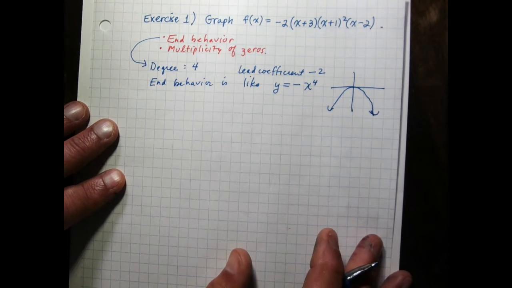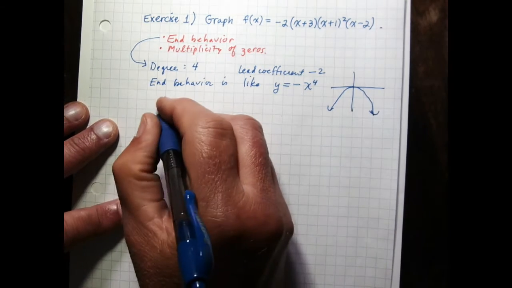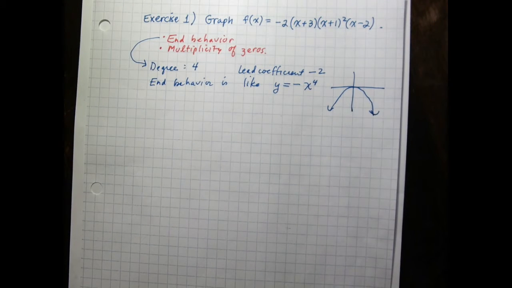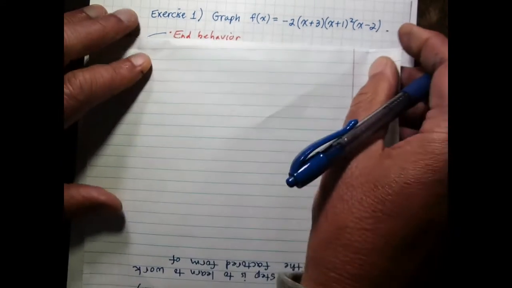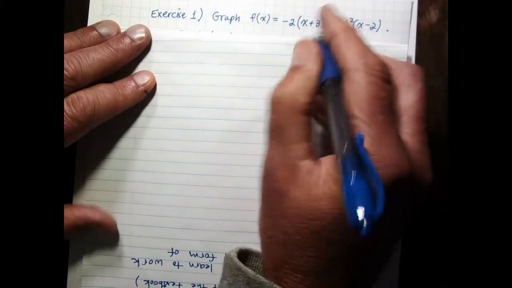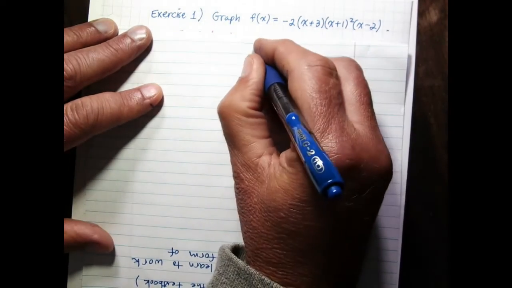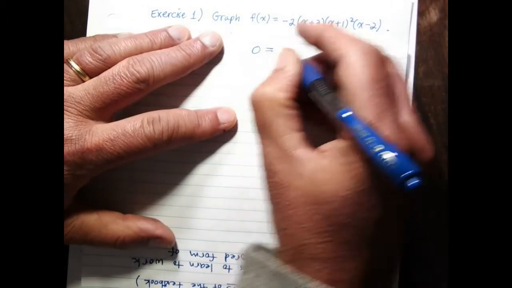Now let's look at the multiplicity of zeros. I want to say something about the zeros too, because I'm afraid maybe I was jumping over that too quickly. In that earlier video, to get the x-intercepts or the zeros, you set the function expression equal to 0.